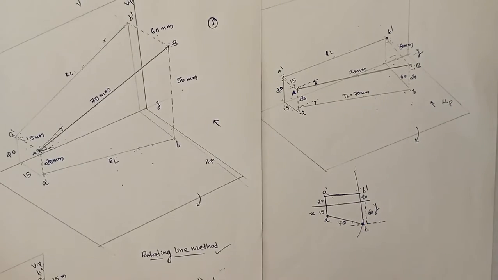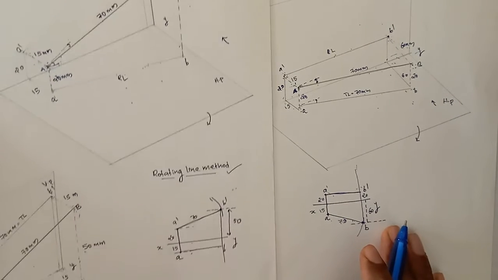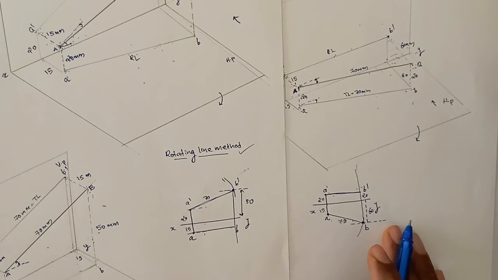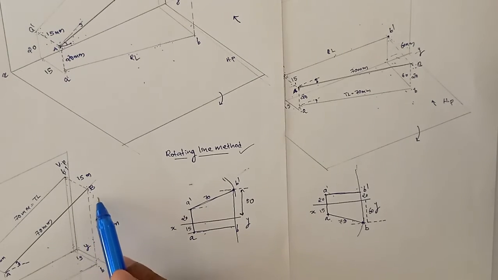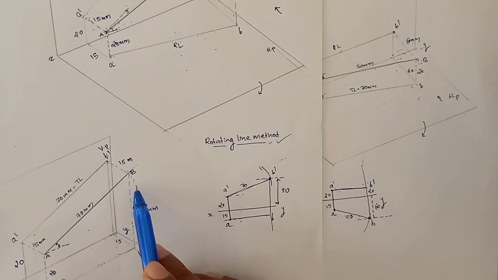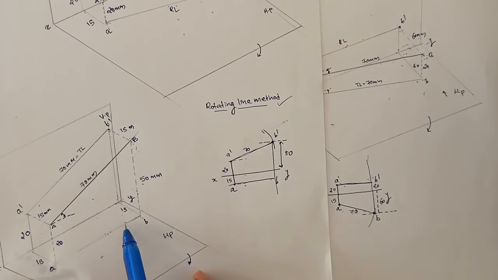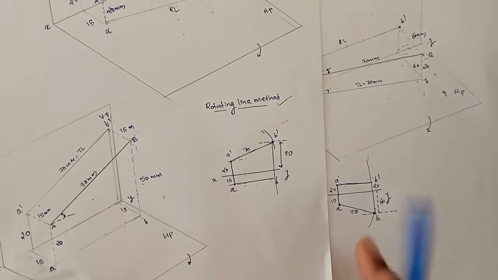Okay, comparing with the original problem, you have to listen carefully. By rotating the line, first we made the line parallel to VP, keeping the inclination with the HP constant. We got a front view and top view.